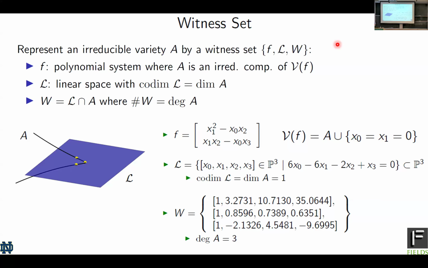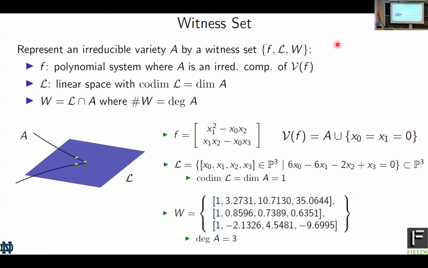During Claudio's talk, it was mentioned every algebraic geometry talk should have the twisted cubic. And so we're going to have the twisted cubic as the running example here. How do I represent the twisted cubic in this numerical algebraic geometric framework? I need some defining equations. So let's say I take these two quadratics. Of course, everyone knows that's not the right ideal.